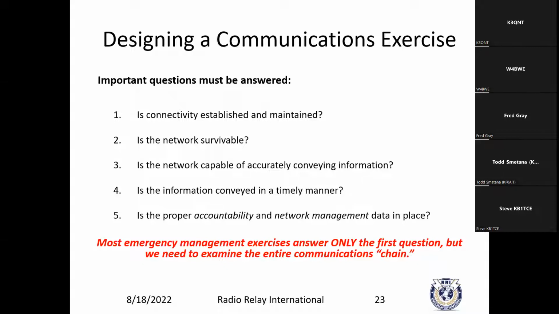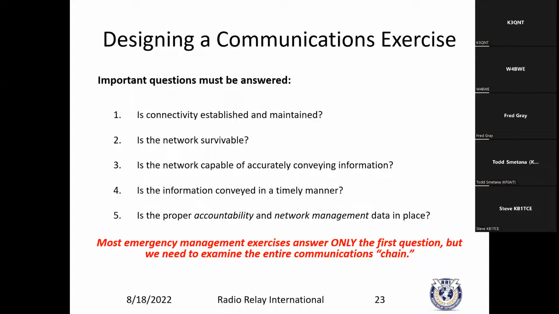Okay, and then we wanted to measure the message propagation time through the system. How many minutes does it take for a message to get from, say, Alaska or Washington State to the served agency in Washington, D.C.? That's a very important question to ask in a disaster.